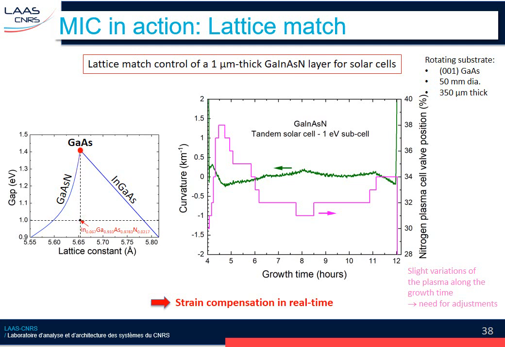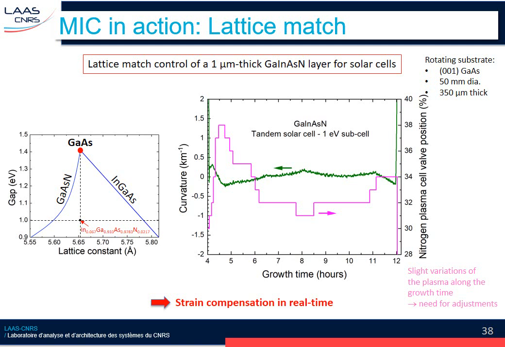This is for solar cells, so for the 1 eV subcell of a multi-junction solar cell. What you can see here, in green, is the curvature as a function of time, and here in pink is one of the parameters of the plasma cell, which is a valve in front of the nitrogen plasma cell, which allows us to modulate the content of nitrogen inside the layer.